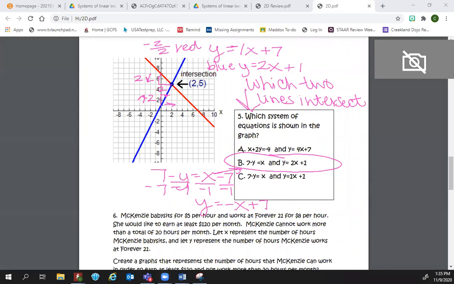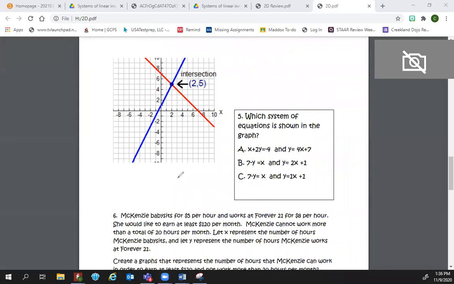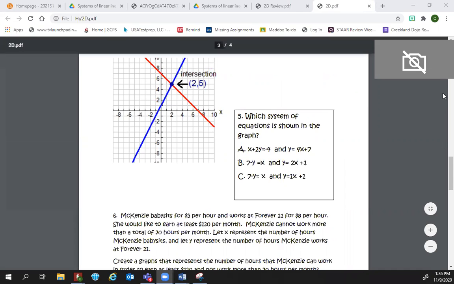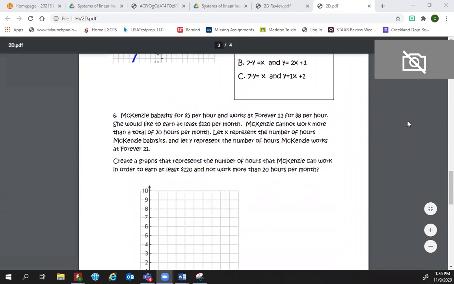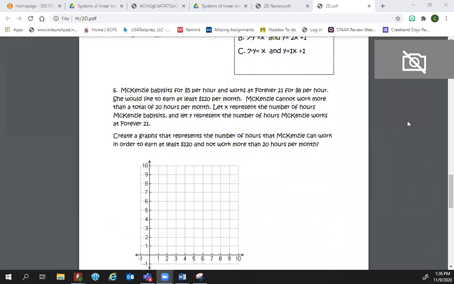Okay, so the next problem, which is number 6, is a word problem that has to do with inequalities. And I'm gonna hurry and show you this real quick. It says Mackenzie babysits for $5 per hour and works at Forever 21 for $8 per hour. Okay, then it says that she would like to earn at least $120 per month.